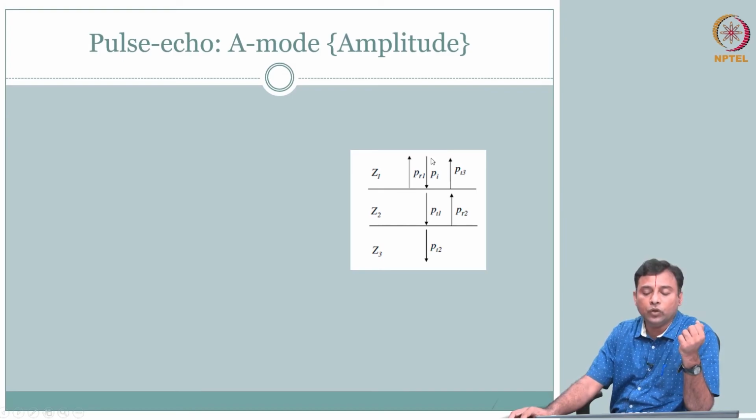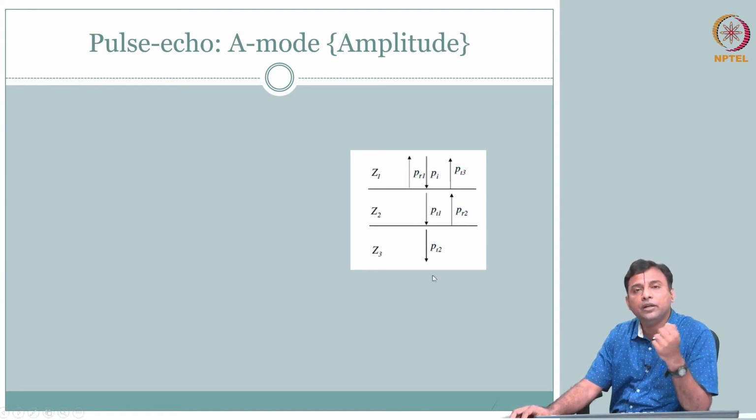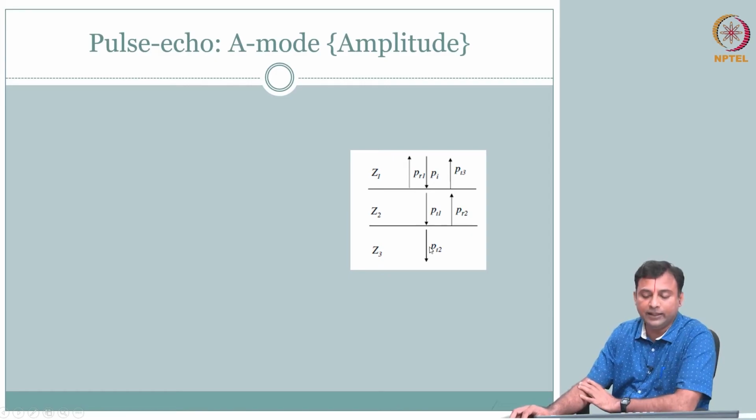Clear? Of course this is just the amplitude written as P, but another factor you have to include is attenuation. This amplitude is reduced as you go with distance, with depth. You can also add that. This can directly be used to assess where these interfaces are. That is the advantage.